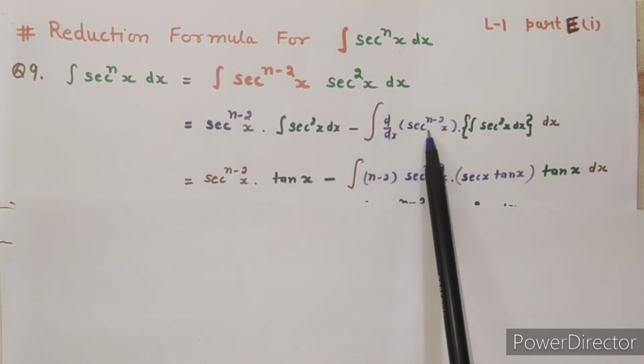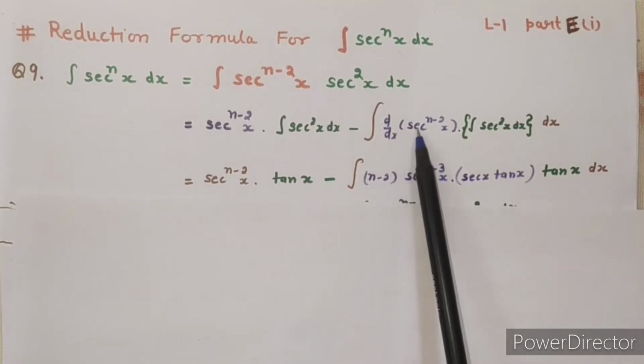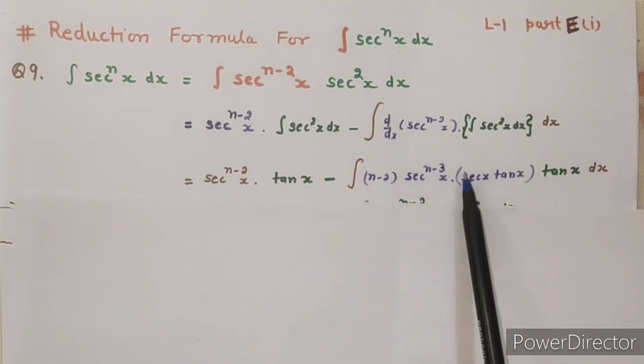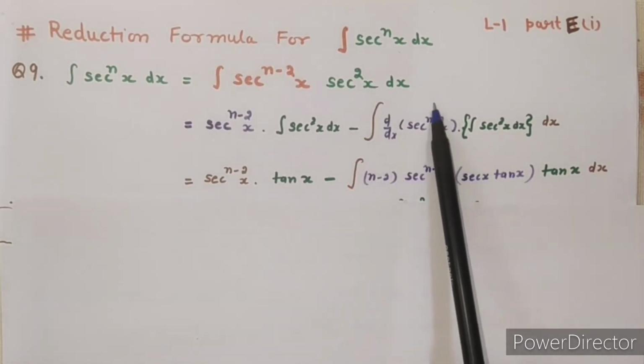Now the inside function is secant x, so you multiply by the differentiation of the inside term, that is secant x. And what is the differentiation of secant x? That is secant x into tangent x. This part is due to this differentiation.